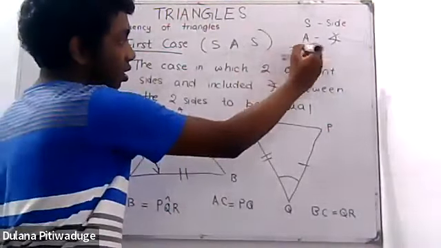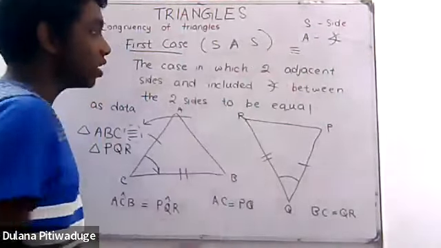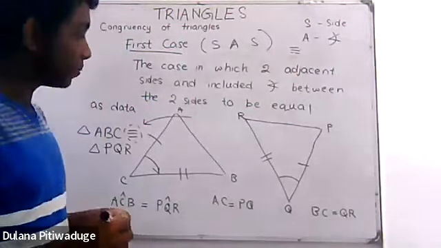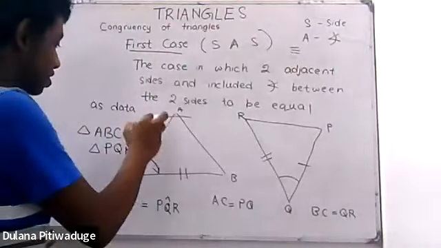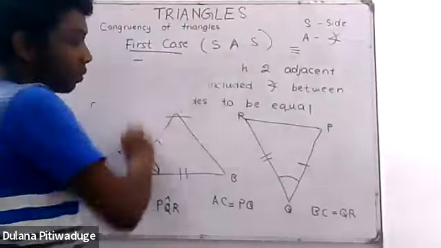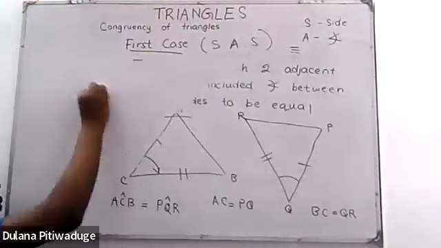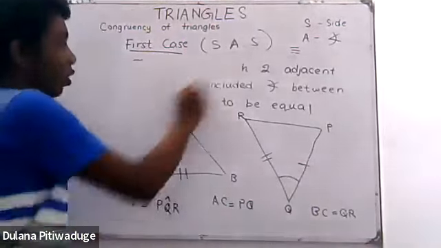There's another line to show that any two figures or any two objects are congruent. That is the first case. Now, there are 3 other cases.